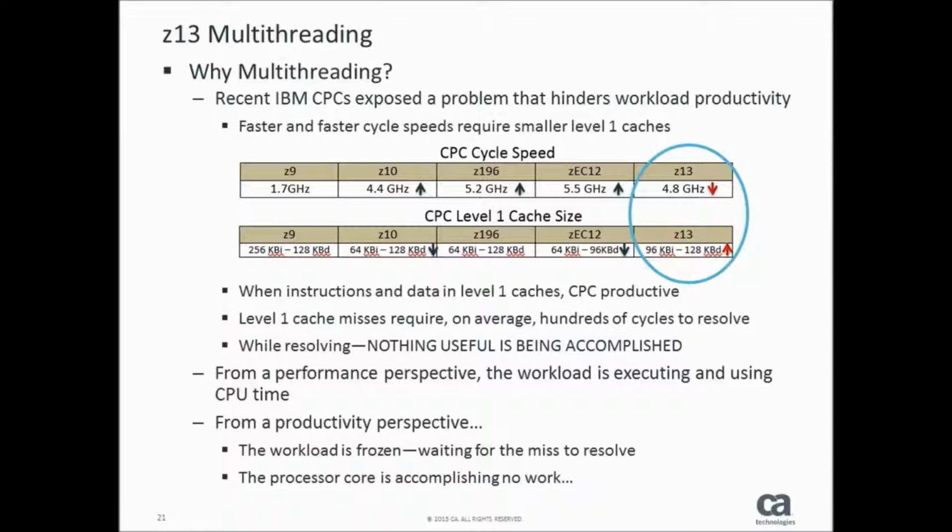The Z9 was just under 2 billion cycles per second. Big jump to the Z10 up to 4.4, then 5.2 with the Z196. The EC12 got up to 5.5 billion cycles per second. And now if you look at the Z13, it went down.